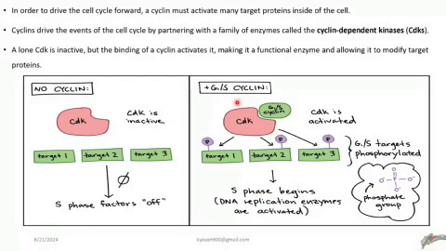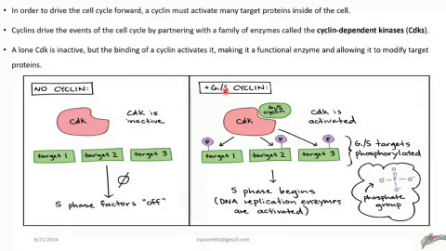Without the cyclin protein of the S phase, this cell won't go into the S phase. This cyclin protein has to be there so that the cell can cross the G1/S checkpoint.